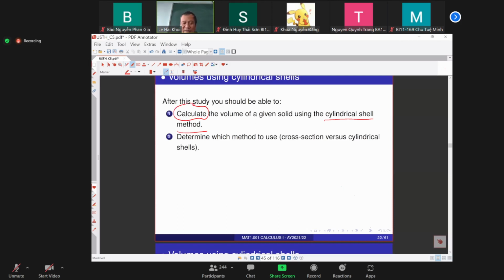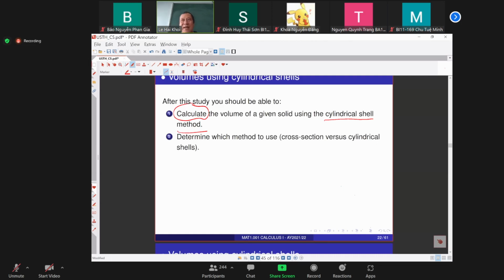This is more difficult than the cross section. However, after having this method in your hand, you will have two main methods, cross section and cylindrical shell.